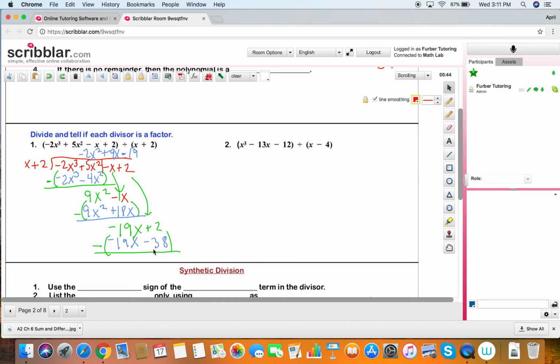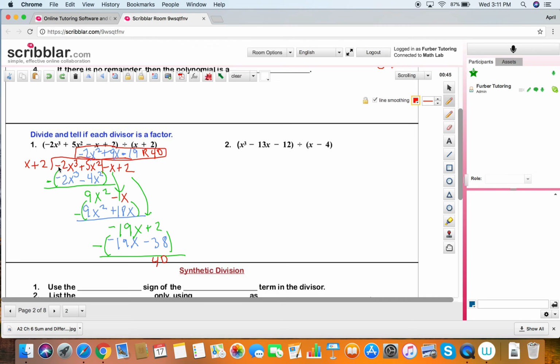So I'm going to end up with 40 as my remainder. And so I'm going to come up here and write at the top R40. Okay? And this right here is my answer.